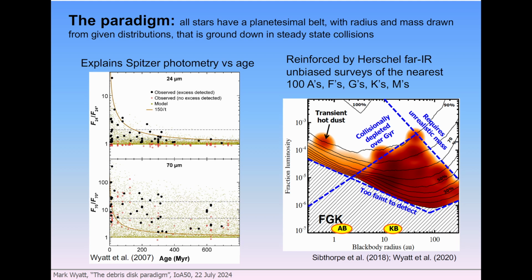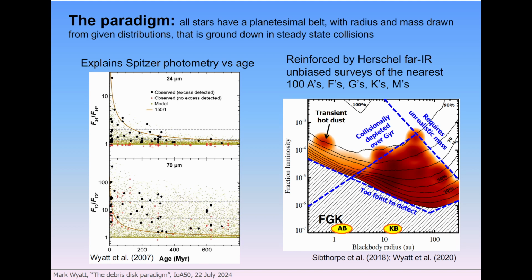And the disks lie exactly where we expect, because they don't lie below here because they'd be too faint to detect. They don't lie above here because you'd have to put too much mass in the disk for it to be plausible. And importantly for the paradigm, they don't lie above this line because they might have been born with disks that were up here, but over giga-years of evolution, they would all have been depleted down to be below this line. So we can explain all the photometry.